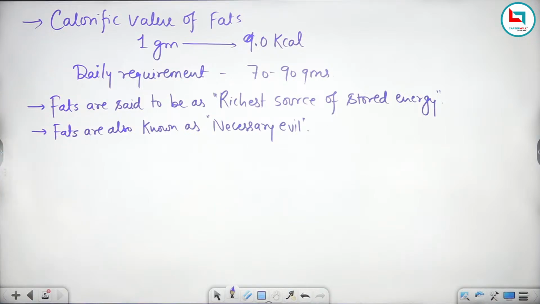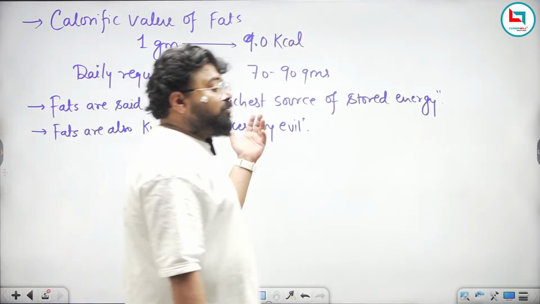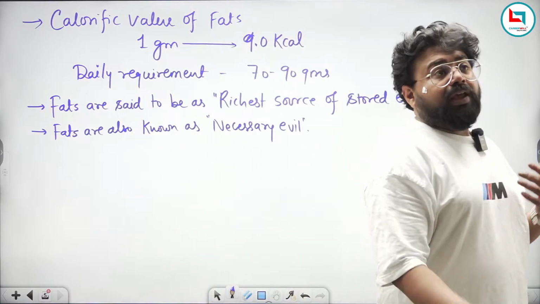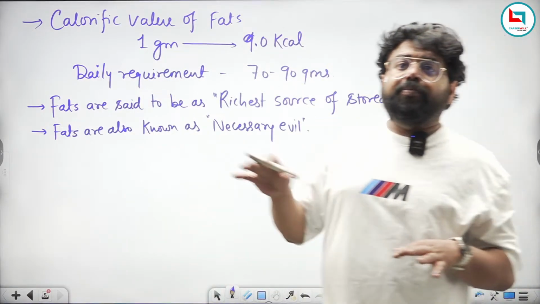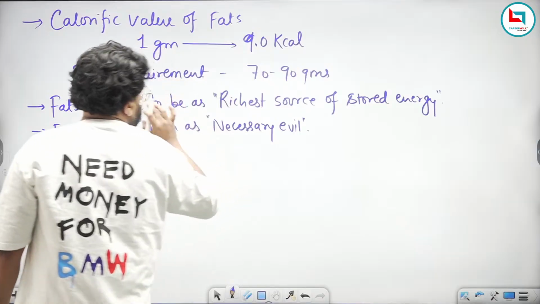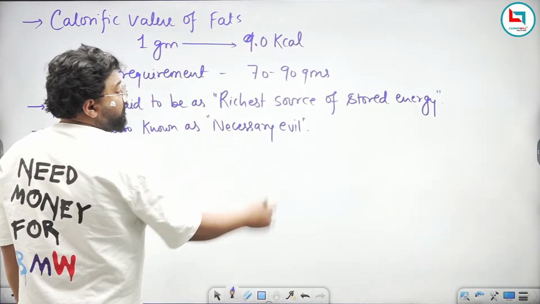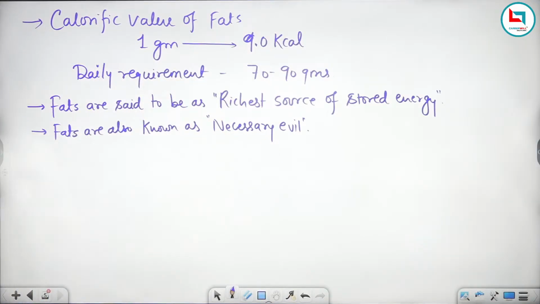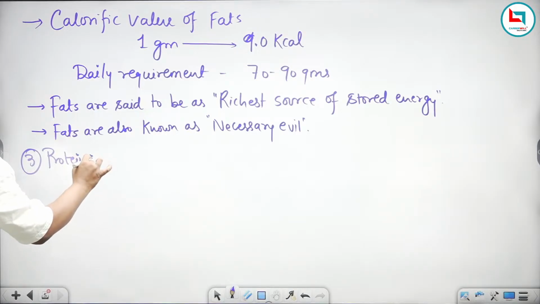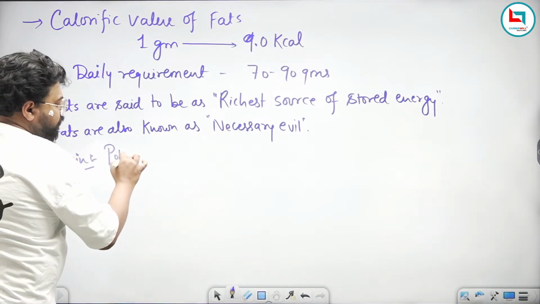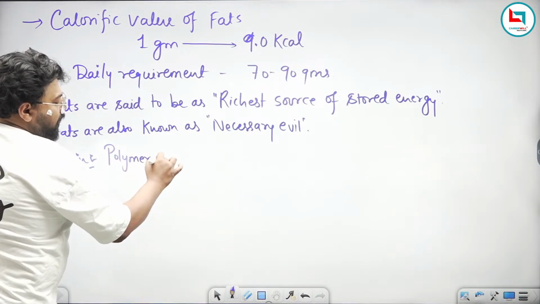They are also said to be a necessary evil because many hormones, many membranes, many good cholesterol are made up of these fat molecules. That's why these are said to be a necessary evil. So that is all about fat. Next thing is proteins. Now proteins are generally the molecules or the polymer of amino acids.